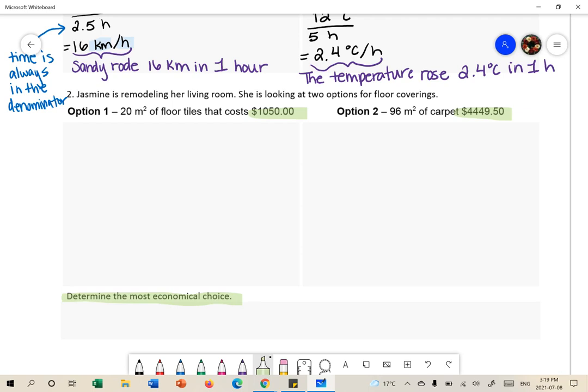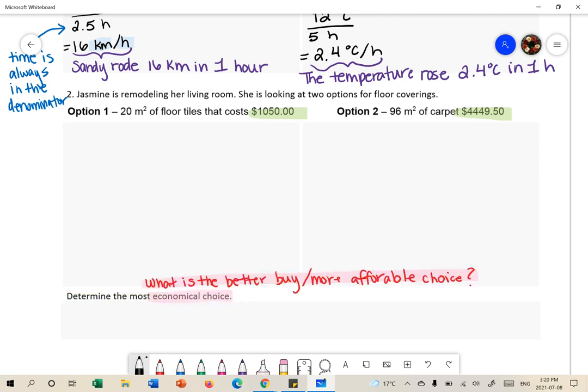And economical means the best buy, the more affordable choice. So we shouldn't just take into consideration the price. We also should look at the amount of flooring that is going to be covered. So here in option 1, only 20 square meters of floor is going to be covered for $1,050.